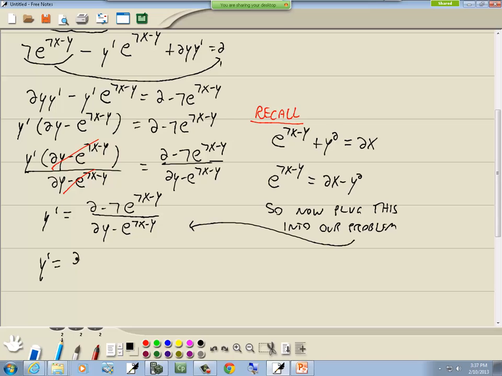So this becomes (2 minus 7 times (2x minus y squared)) over (2y minus (2x minus y squared)). So again, everywhere in my problem where I had an e^(7x-y), I replaced it with 2x minus y squared.